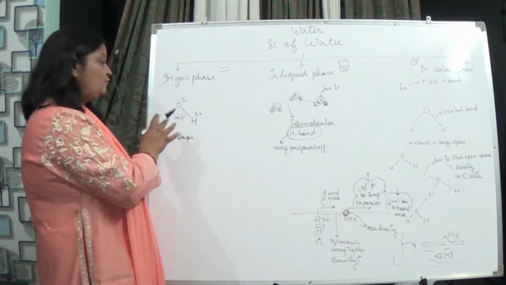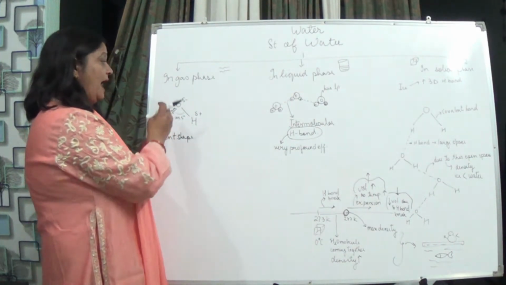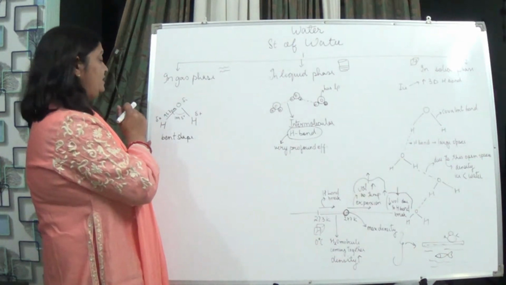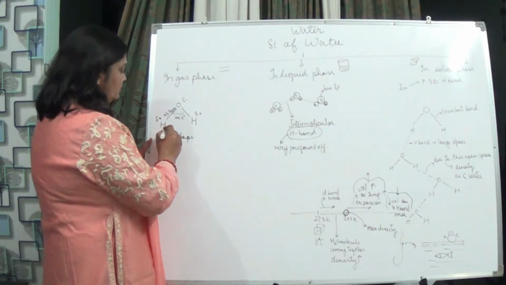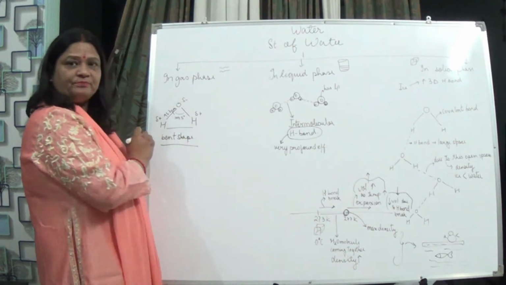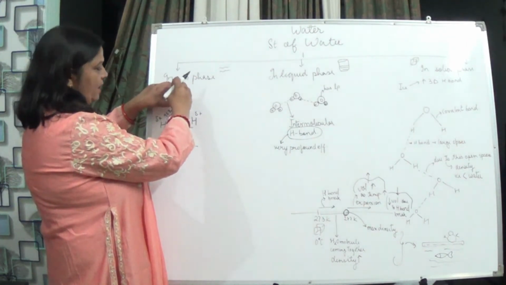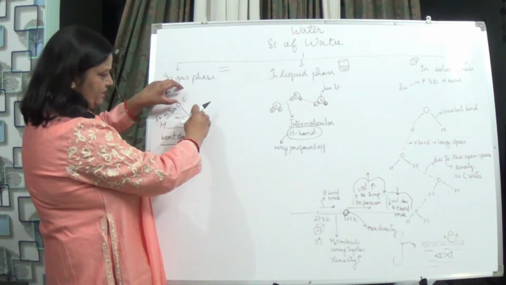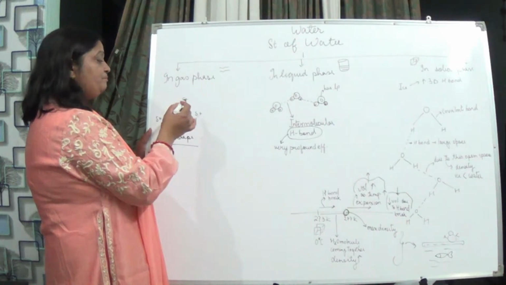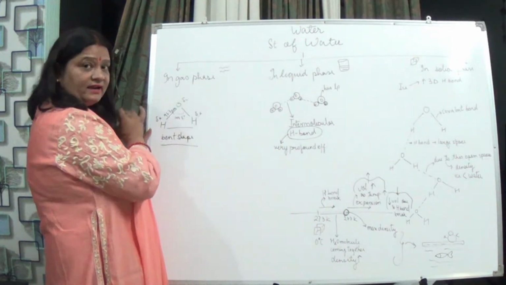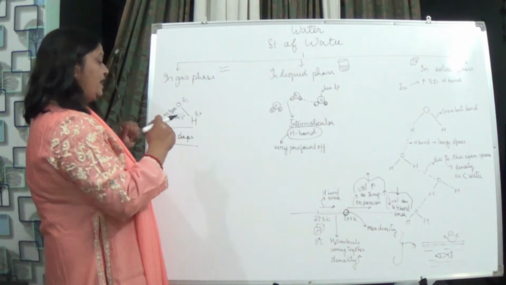Even though it forms a covalent bond, slight polarity is there as oxygen is electronegative in nature, and due to this polarity the molecule has a bent shape. One end is slightly positive and one slightly negative, making it stretch and distort and form a bent shape.